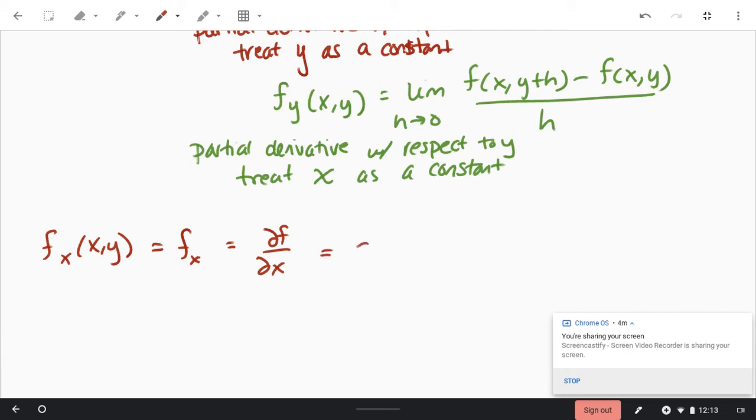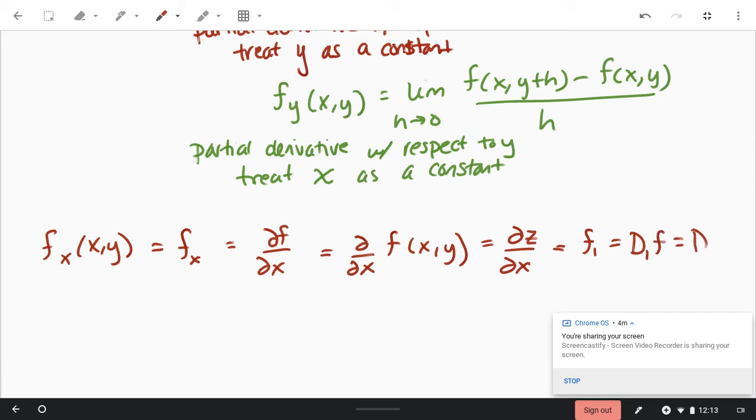Or we could do the derivative with respect to x of f of x y, or dz dx, because usually z is your dependent variable. Z equals some function of x and y. We can also have, though you won't see this very much, your first partial like that, or d1f or dxf. You really won't see those last two that often.